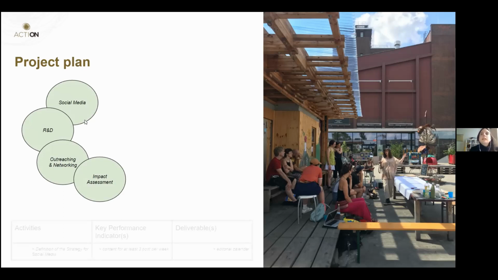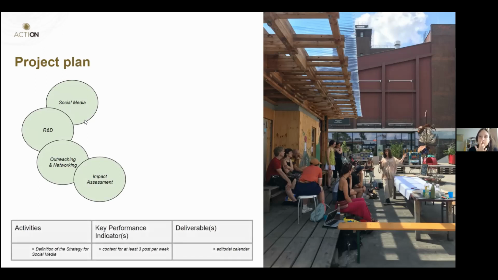And for every activity, we used this structure suggested by the action team. Every activity has a specific key performance indicator, which is a quantitative outcome of the activity, and also a deliverable, which is essentially the proof that this activity has been carried out and the key performance indicator has been met.